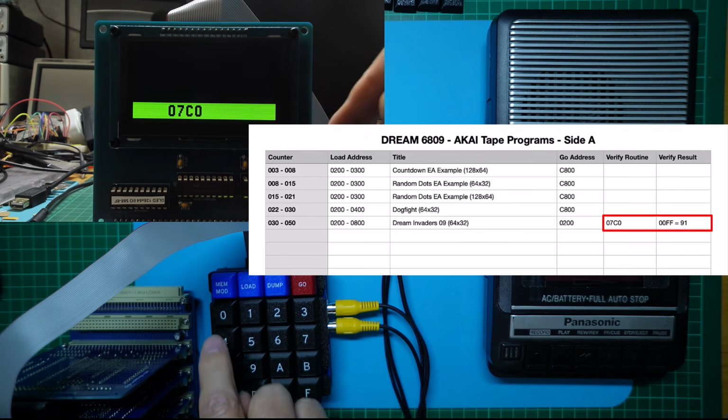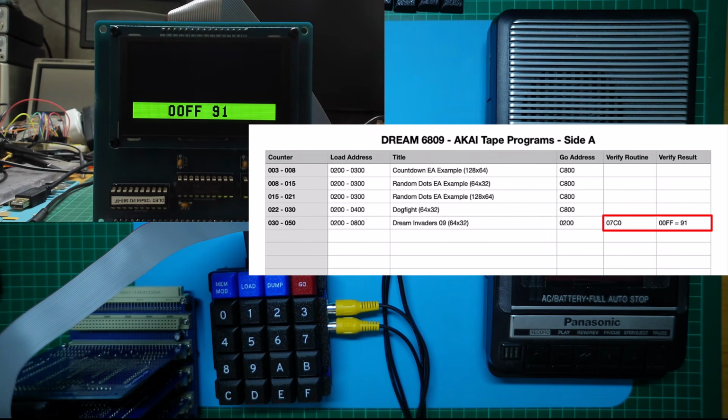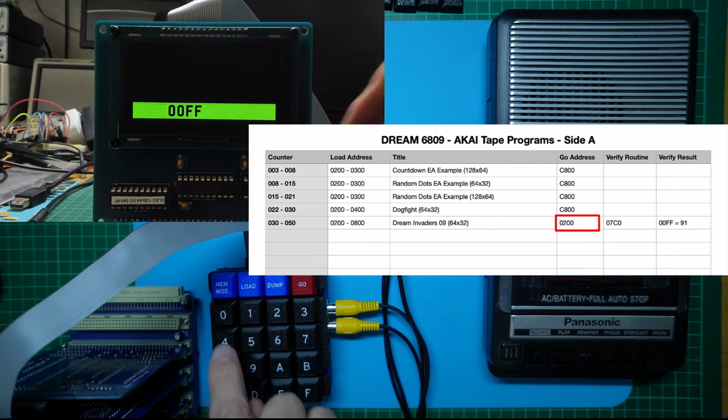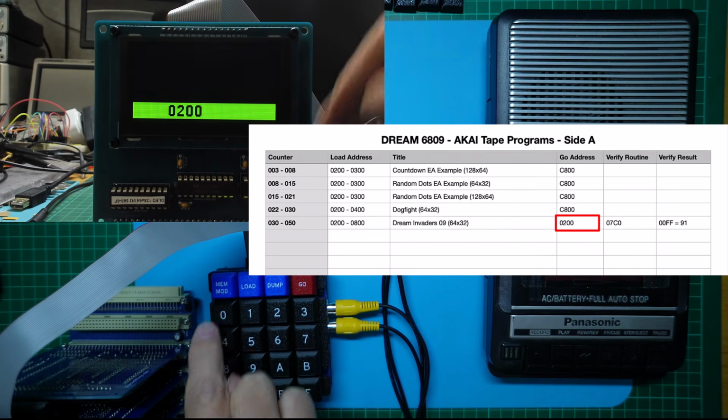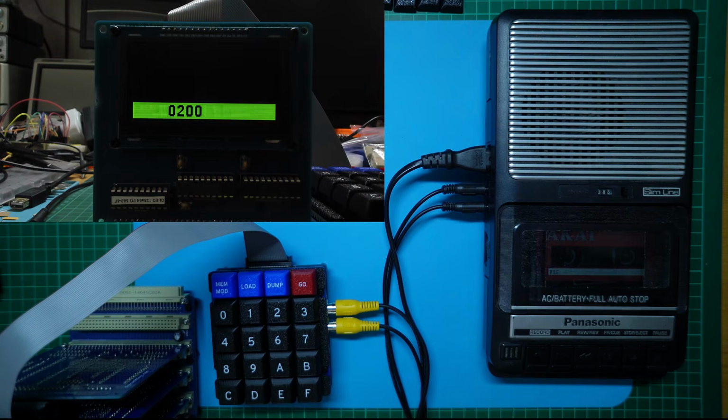And again, let's look at 00FF. And we have 91, which the spreadsheet tells us is the right result. So we should be all ready to run Dream Invaders 09. The run address is 0200. Okay, let's go.